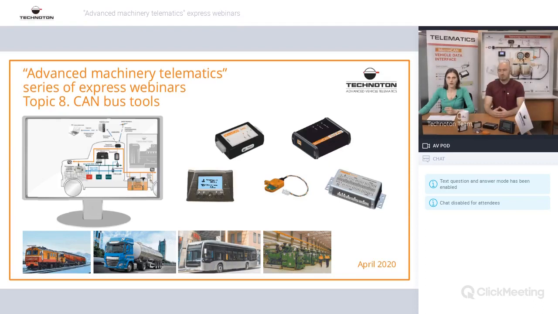Models of MasterCAN devices are MasterCAN CC, whose input is CAN and output is also CAN. But its main function is to filter and select the group of parameters that you need for telematics purposes. Not the millions of messages that are available in the CAN bus, but just the specific parameters that you need to read.